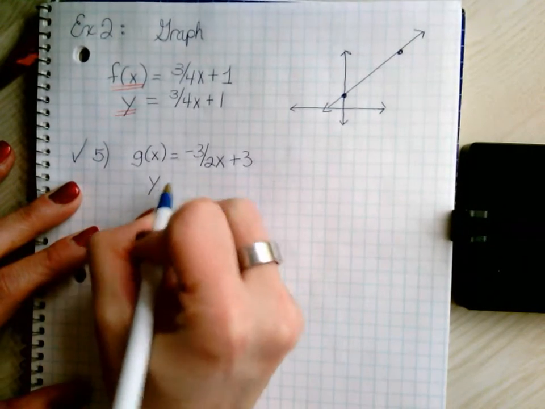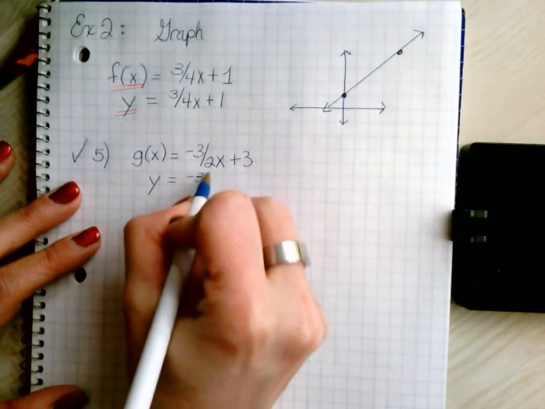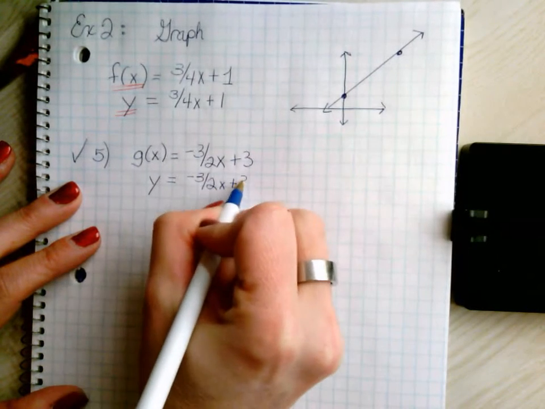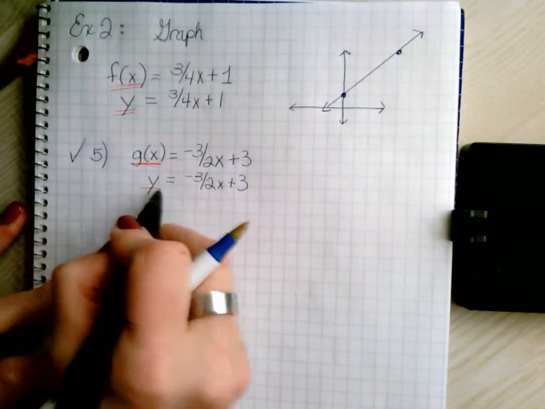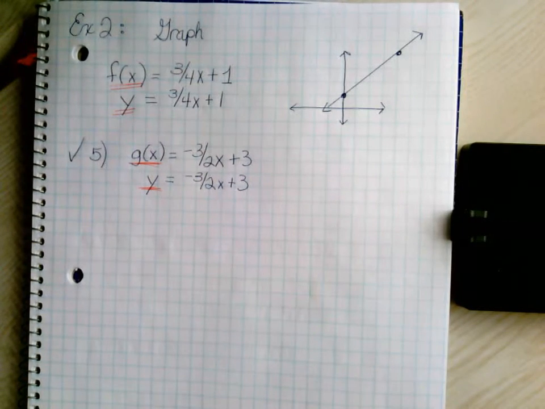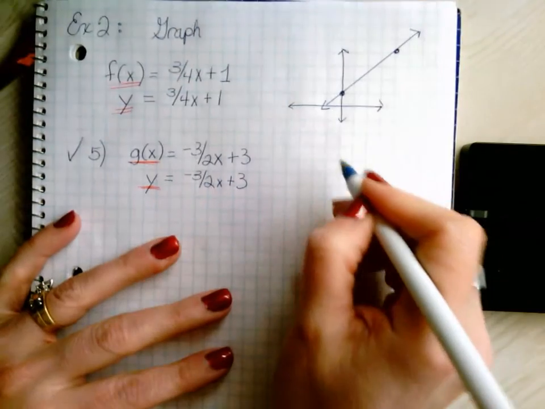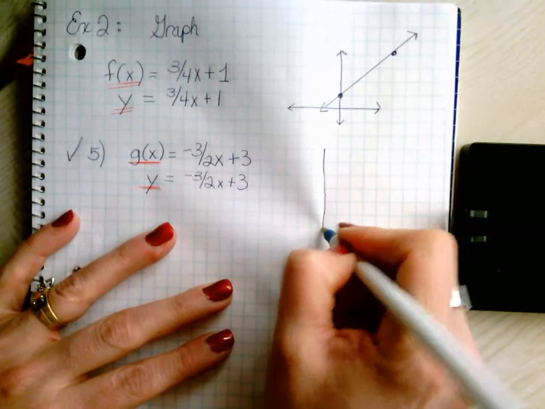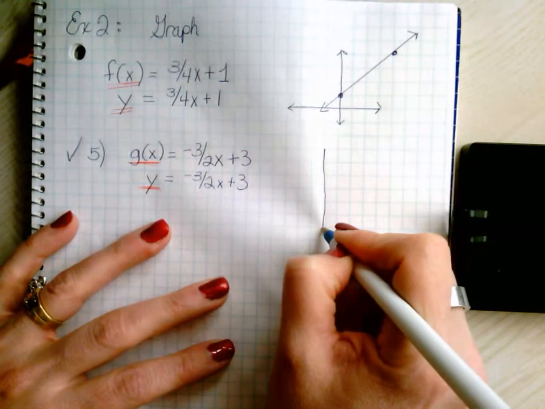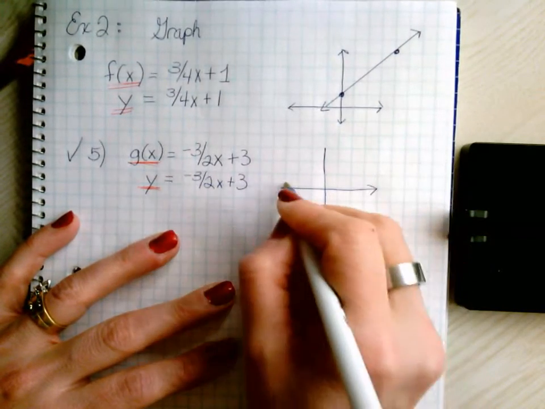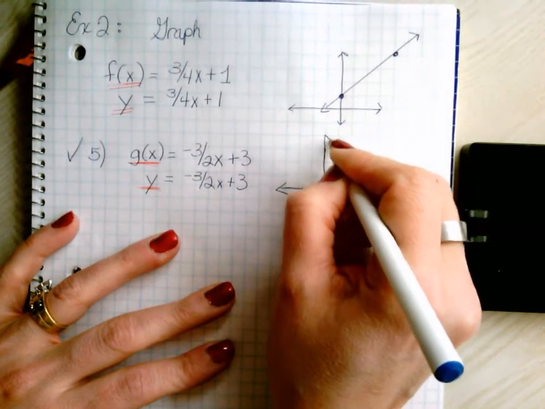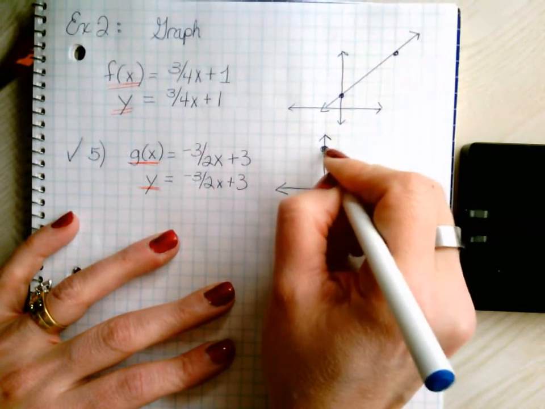Repeat, repeat, repeat. Everybody see that? Replace the g of x, the f of x, the q of x with a y. And graph. My y-intercept is a what? 3. Positive or negative? Making sure you know that. Indeed, it's a positive 3.